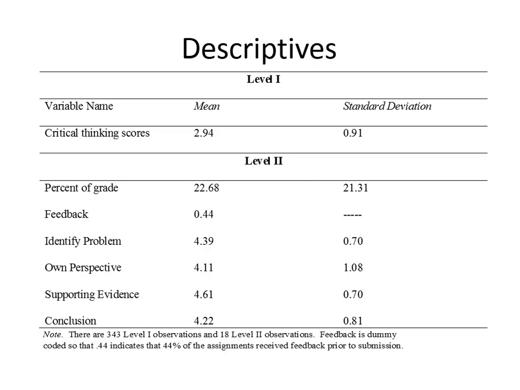So this is a quick overview of the descriptives across different levels. I'm not going to spend a lot of time on this, but you can see that the average critical thinking score was 2.94. About 44% received feedback prior to submission. And if you look at the different dimensions of the rubric, identify a problem, own perspective, etc., you can see that on a 1 to 5 scale, the faculty tend to believe that, yes, these assignments are pretty much aligned with the criteria that we're using in the rubric.